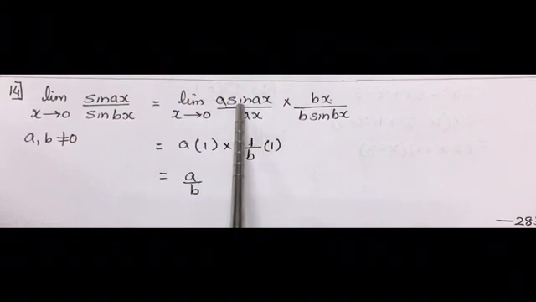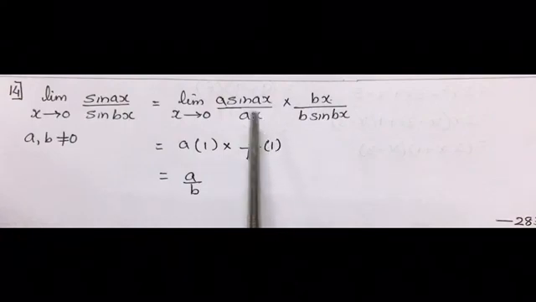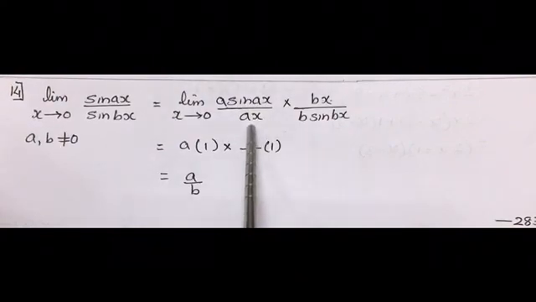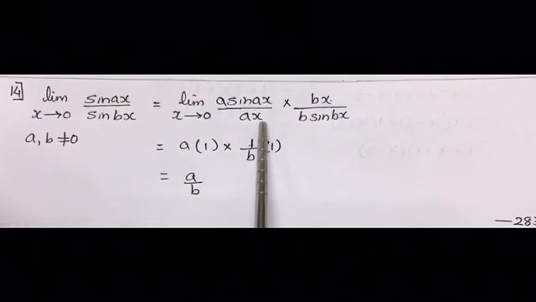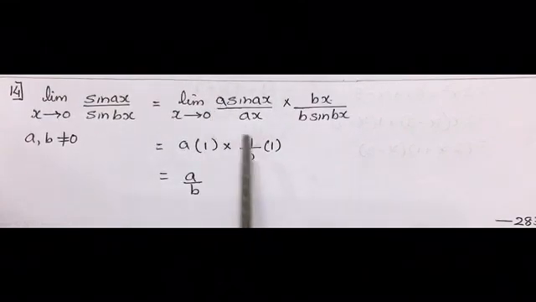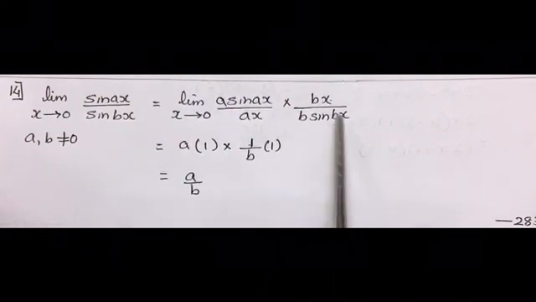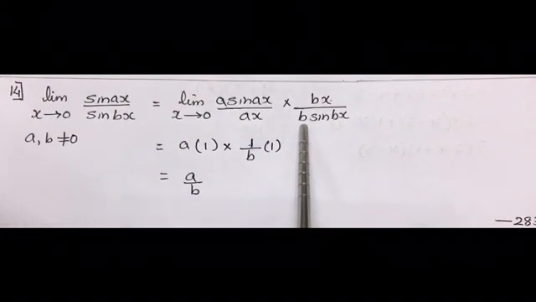Now we have separated here sin ax and sin bx for the adjustment. For sin ax, we have divided with ax. As we have divided with ax, we have multiplied with a. And for sin bx, we have multiplied with bx, and b is being adjusted.